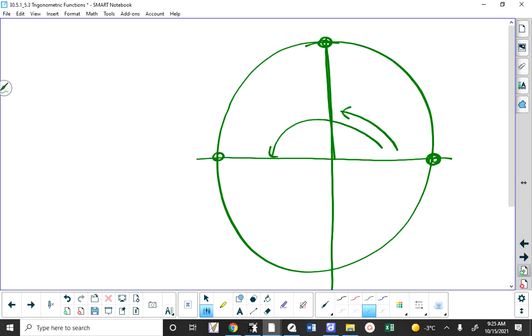So the y coordinate goes from 0 to 0.1, 0.2, 0.3, 0.4, 0.5, 0.6, 0.7, up to 1, and then it starts going back down to 0. So we're tracing the y coordinate. But then the y coordinate becomes negative. And it gets more and more negative until it becomes -1, and then it starts increasing back again to 0.